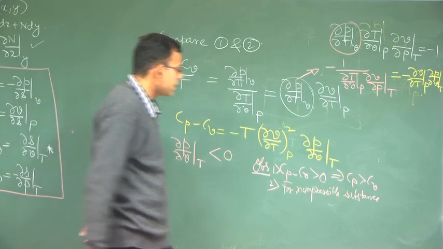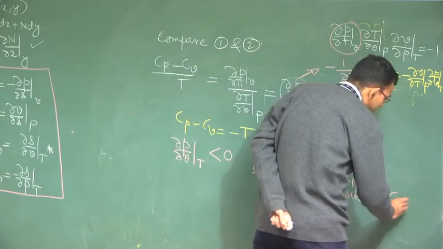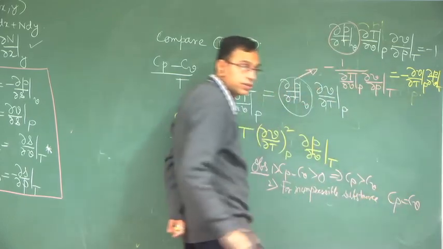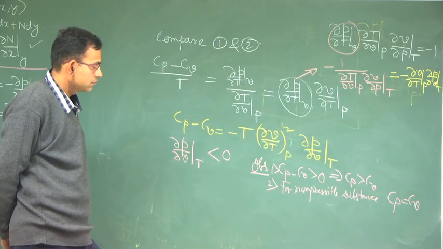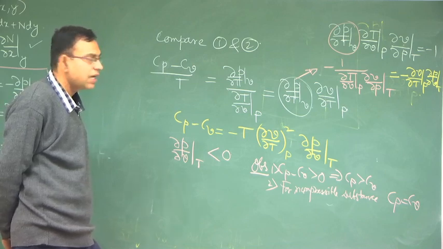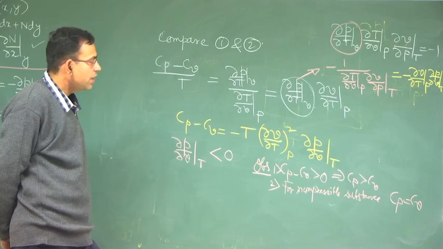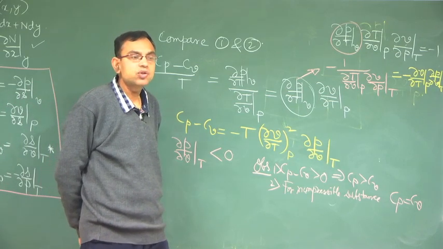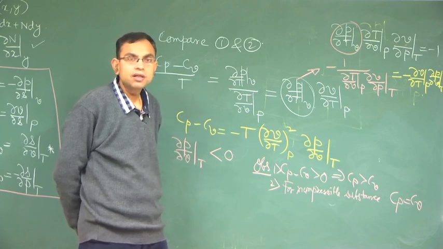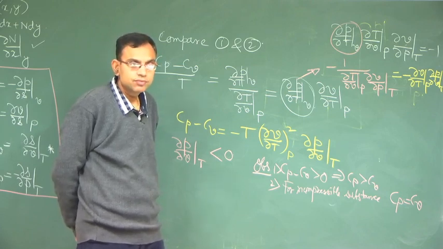So, Cp is identically equal to Cv, not approximately, identically equal to Cv. There is another case when Cp is identically equal to Cv, but the substance is not perfectly incompressible. Can you give an example?